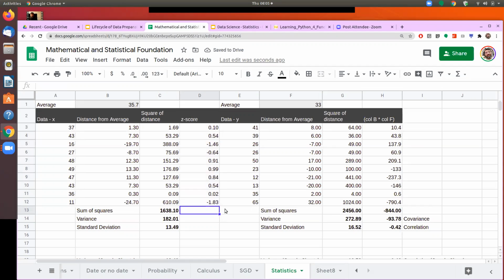So this one shows how many standard deviations away a given data point is from the mean. So you are seeing here that 11 is minus 1.83 standard deviations away from the mean. So in terms of the absolute numbers, the difference was 24.7.